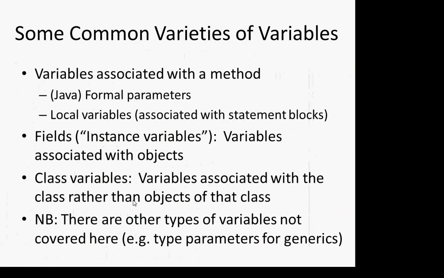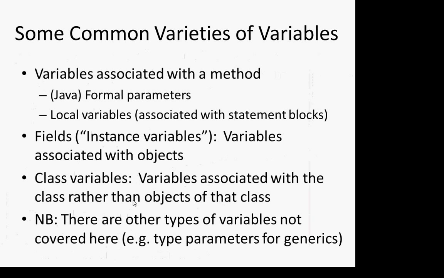There's fields, or so-called instance variables, which are variables associated with objects, such as a person's age, a person's color. There's class variables associated with a class rather than particular objects of the class. And then there's a few other types of variables, not really covered here, but that are quite a bit rarer. So there's several types of variables.